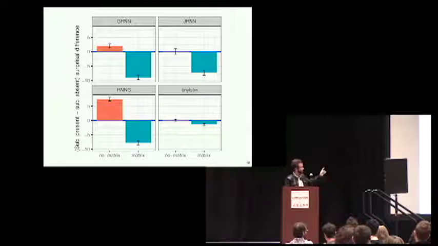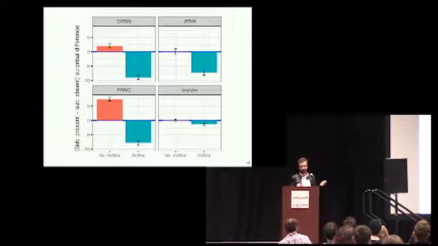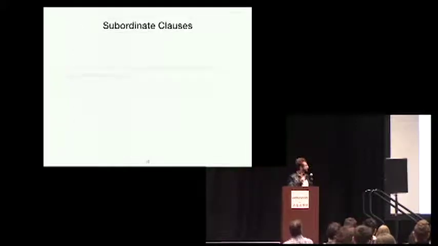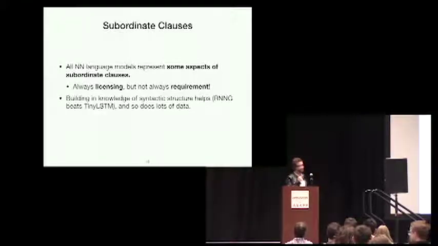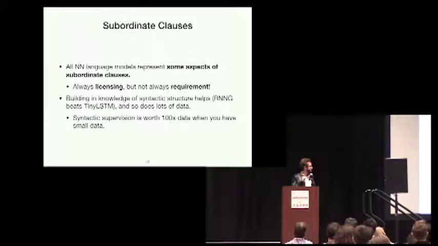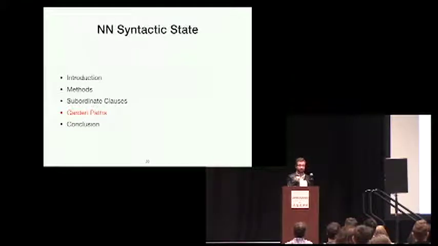So in terms of reproducing the qualitative effect that is encoded by this tree, you basically need syntactic supervision or large data and a good architecture. So that's subordinate clauses. All neural network language models will show evidence for some aspects of subordinate clauses: always licensing, not always requirement. And syntactic supervision is worth 100 times as much data for getting that qualitative effect.